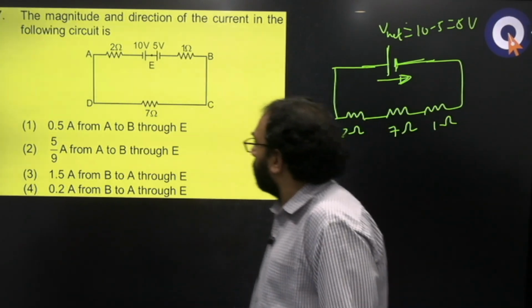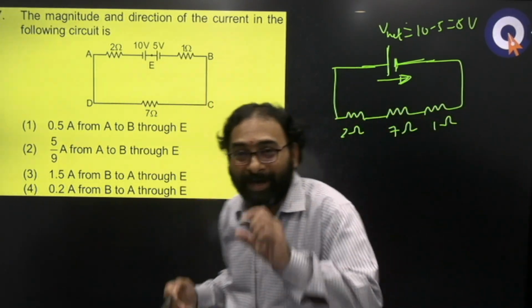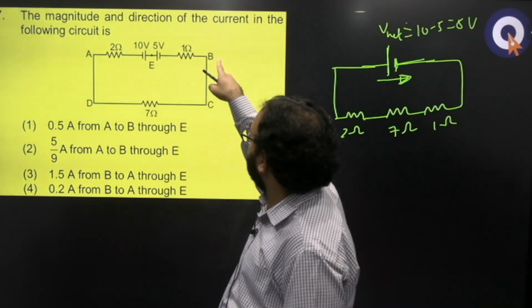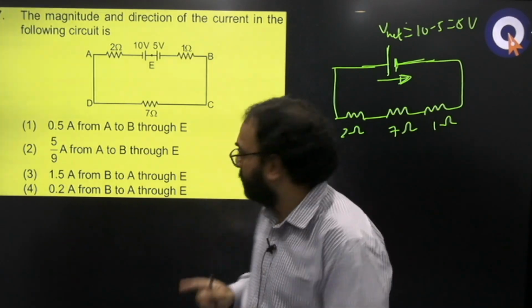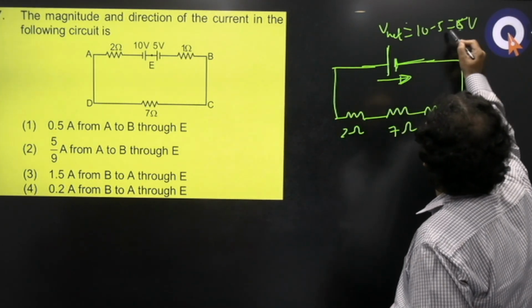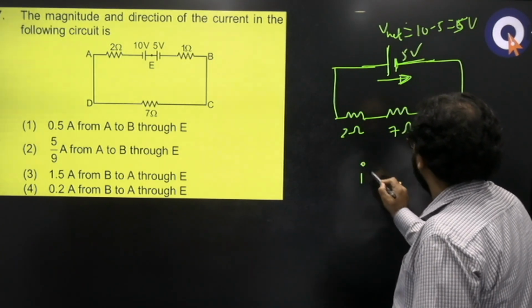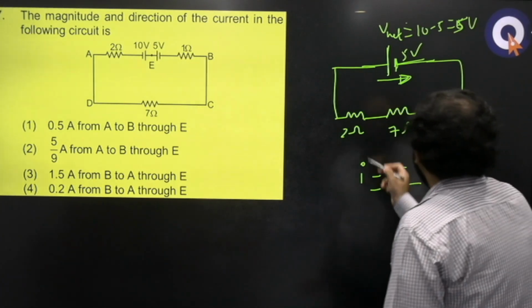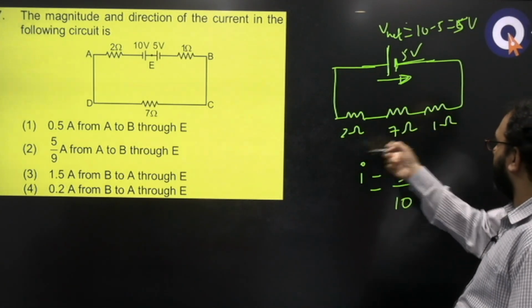So the current starts from A to B through E. That's the direction. Now the net voltage is 10 minus 5 volts. I equals V by effective resistance, 10.